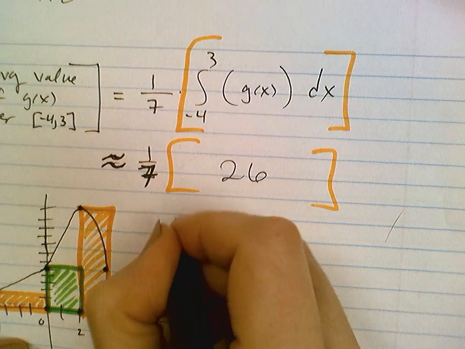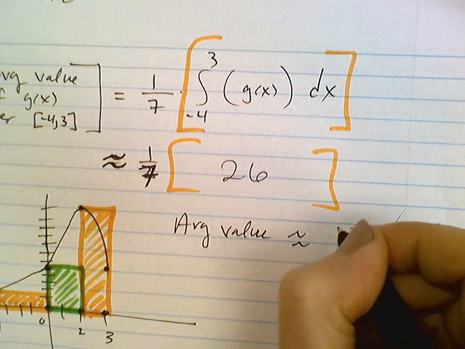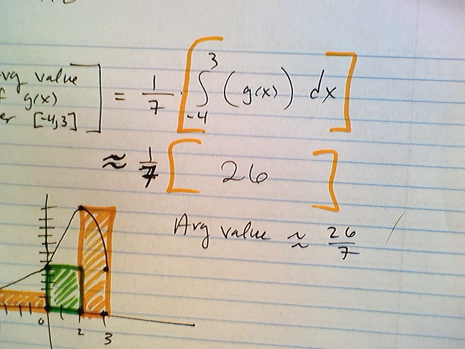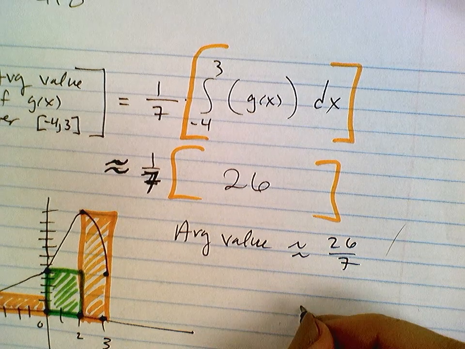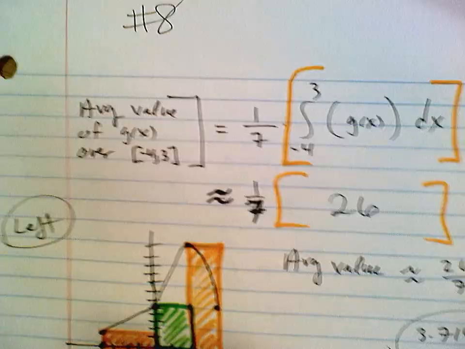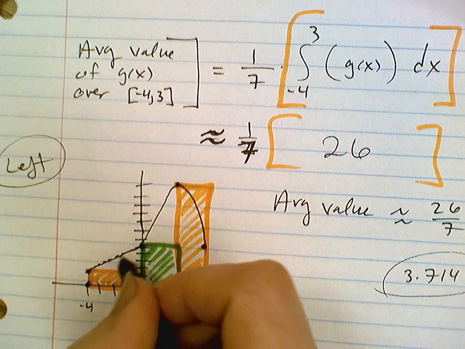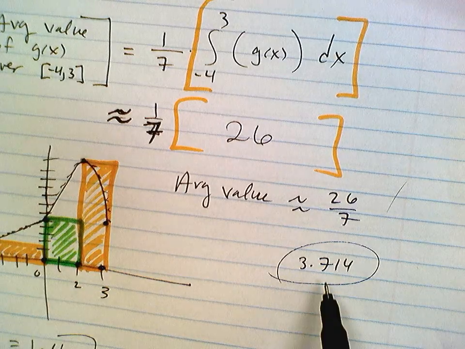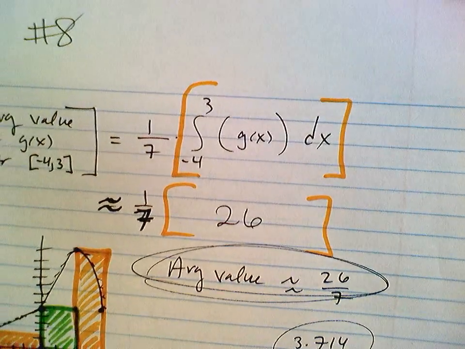So the average value is approximately 26 over 7, which is 3.714 and so on. If we were to get the average of all these infinite y values, their average value would be about that. And again, I'll prove that later.